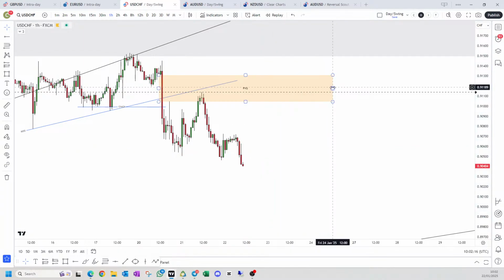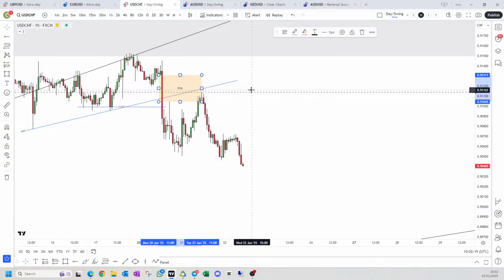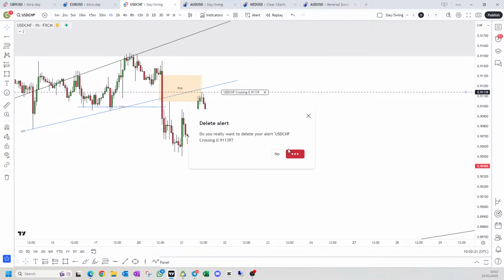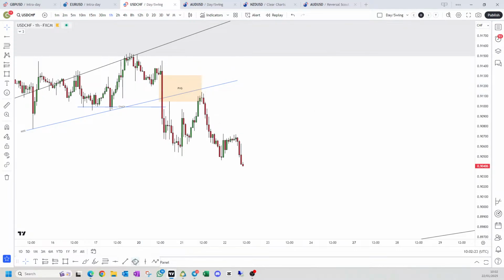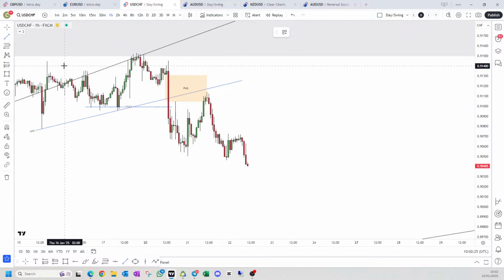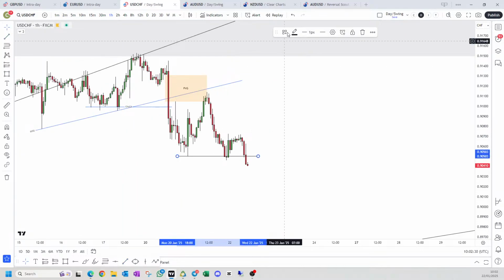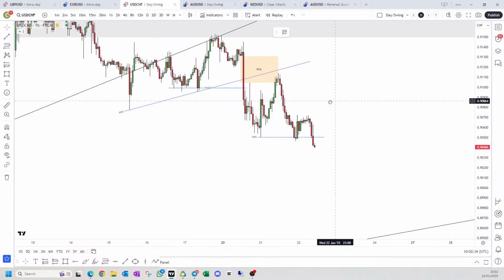So this fair value gap got filled like that. That was our breaker substructure. Now we have this as our third breaker structure.